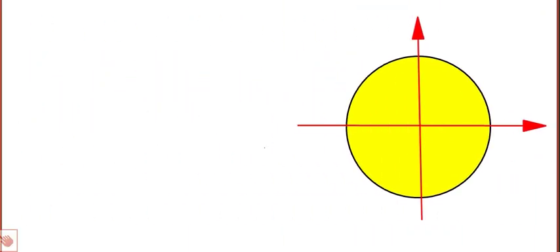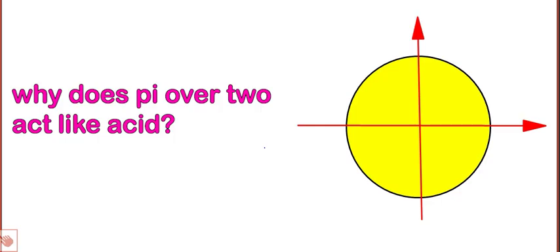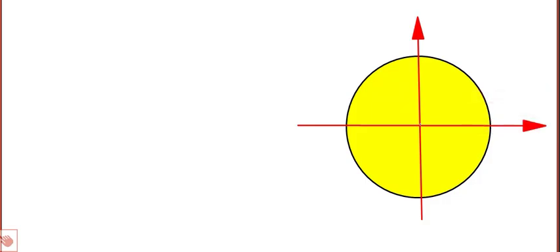You might ask, why does pi over 2 act like acid? Let me explain using the unit circle. Suppose this is 30 degrees or pi over 6.